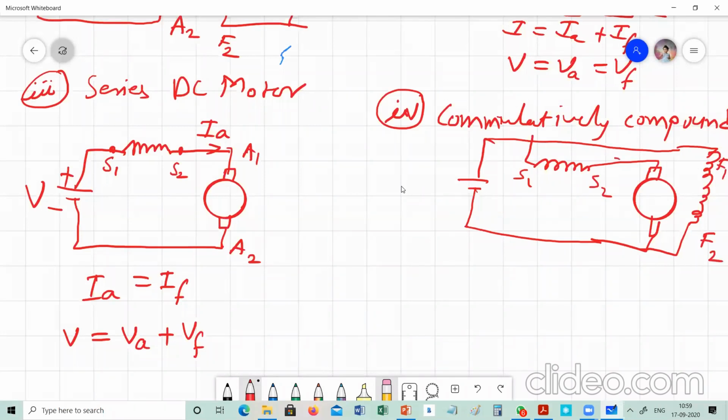The armature current is denoted by IA. The supply is denoted by capital V. In this case, the total current I is equal to IA plus ISH. These are the four main types of motors.